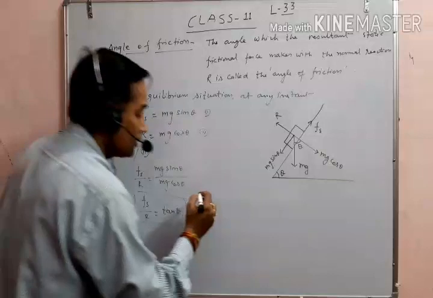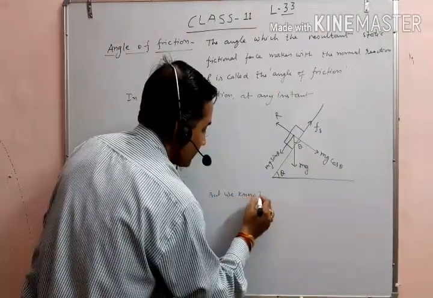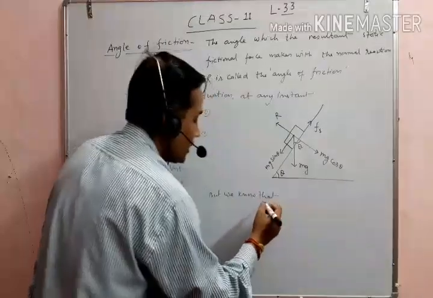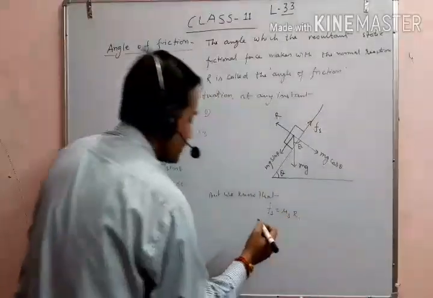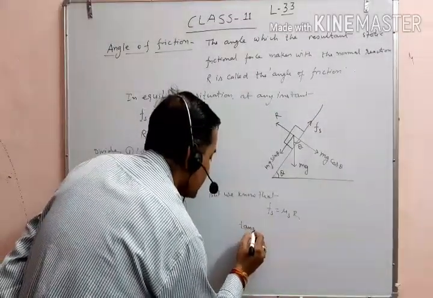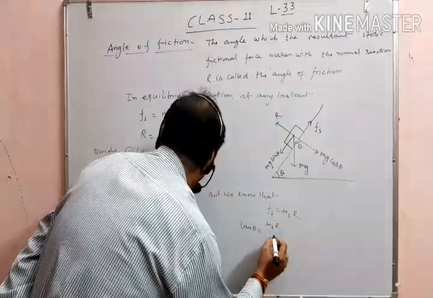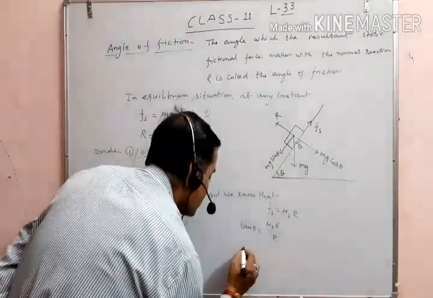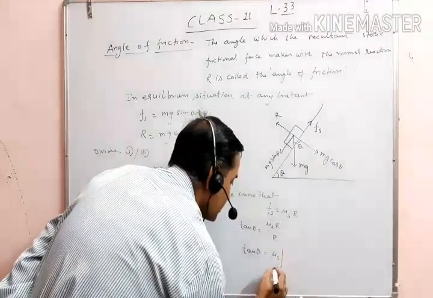But you know that Fs is equal to mu s into R. In the last class I discussed this with you all. So that becomes tan theta is equal to mu s into R upon R, R cancels. So tan theta is equal to mu s.